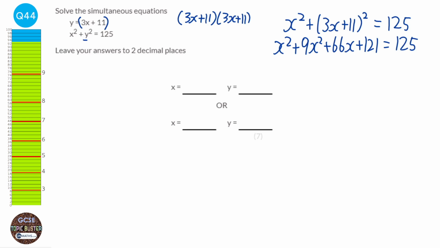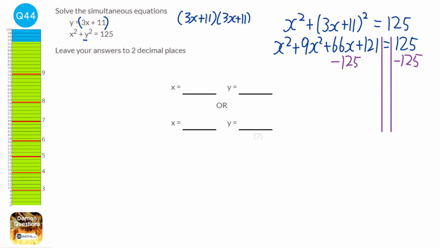Now at this point we want everything to equal 0 because it is a quadratic, and to solve it we need it to equal 0. So we're going to tidy it up, add the bits that need to be added, and subtract 125 from both sides to get it equal to 0.